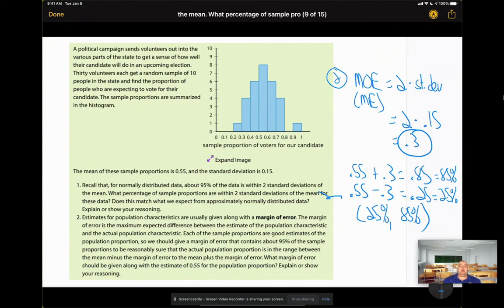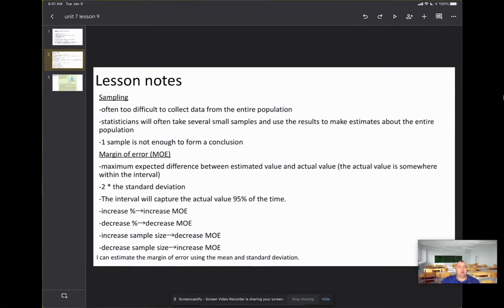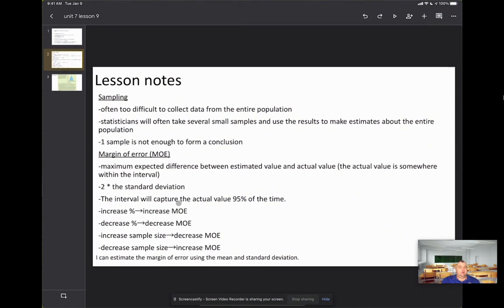What that margin of error tells me is that in this case, we were talking about the proportion or the percentage of people that would vote for a particular candidate. So the actual percentage of people who vote for this candidate is going to be somewhere between 25 and 85%. That is what I meant by the interval will capture the actual value 95% of the time.